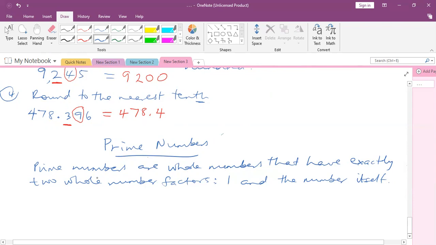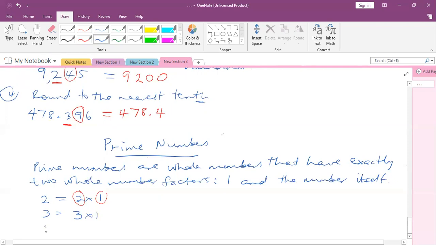Now, let's think about some of these numbers. For example, if we take the number 2, you can only have 2 times 1, right? So it has only 2 factors, 1 and itself. So these are the factors, 1 and 2. Now take a number, 3. 3 is a prime number because you can only have 3 times 1, and so on.